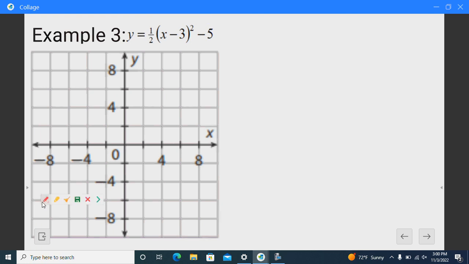I'll say it again, y is equal to a times x minus h squared plus k. Alright, so that is y equals 1 half times x minus 3 squared. Now, look at this, that is negative 5. But it says here positive, so let's just make it plus, and that is negative 5.